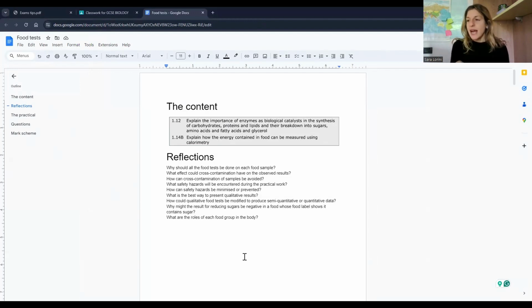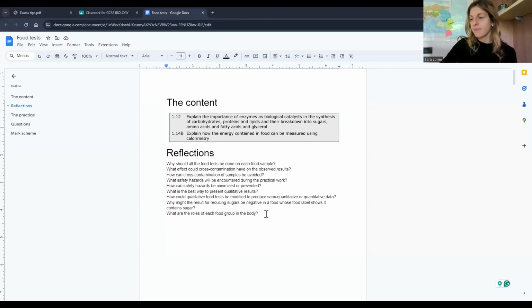Anyway, in your own time, I would like you to go through these reflections, because all of these could be exam questions. So it's extremely important that you do this reflection for every practical that you come across and revise, because this will help you be more aware of some key concepts.